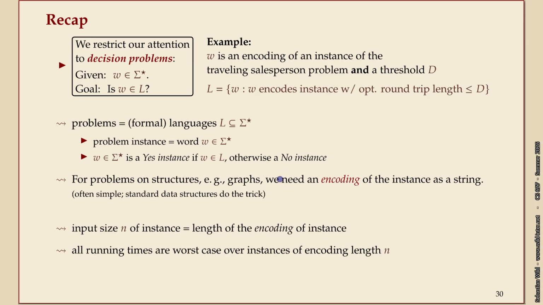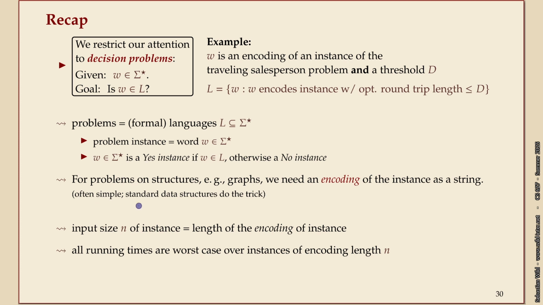A nitpick that I mentioned for TSP but didn't go into detail is if we encode everything as a language, everything has to be a string. As I said before, computer science is all about turning things into binary strings, so that maybe isn't so surprising. But whenever we have a problem that's defined on more abstract constructions like a graph or whatever else you can come up with, combinatorial structures, you need to encode it as a string.